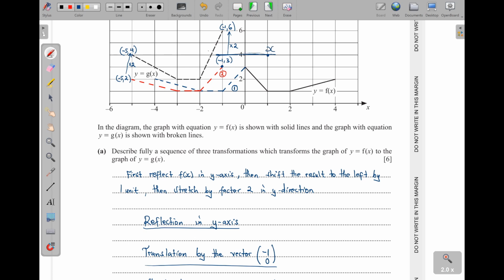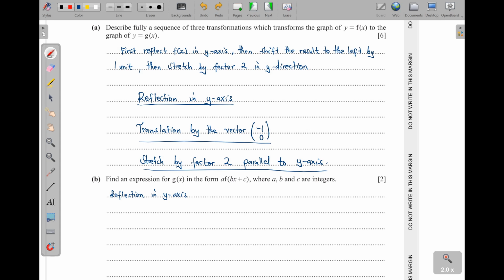Here it is positive, this way it will be negative, but the y-coordinate remains the same because it is on the same line here. You see that? So the x-coordinate changes the sign. And if it changes the sign, that means we shall have y equal to f of negative x.